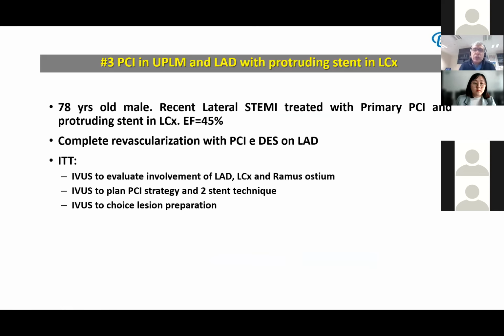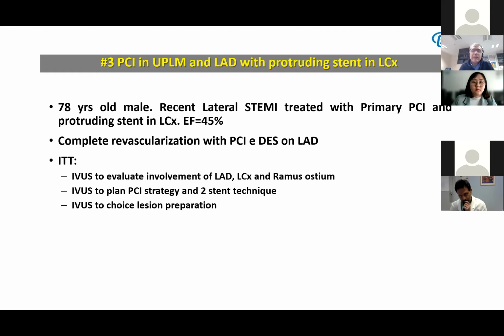So this is a patient, 70-year-old male with recent lateral ST elevation MI, treated with primary PCI, but unfortunately, probably due to the movement of the patient or the stress during the procedure, the stent implanted into the proximal circ, we appreciate a little protrusion, but I'm not sure it's so little.